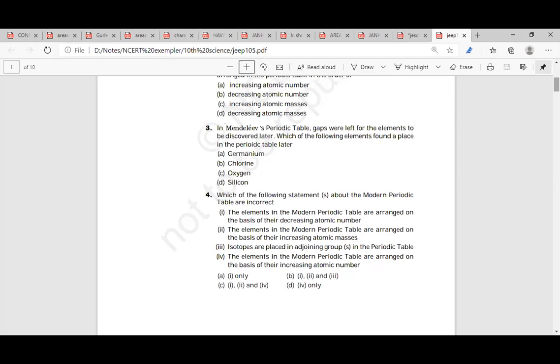Read the third one properly. Ma'am, it's B then. Isotopes are placed in the adjoining groups in the periodic table. Are they in adjoining groups or at the same place? So 3 is also false. 1, 2, 3 are incorrect.